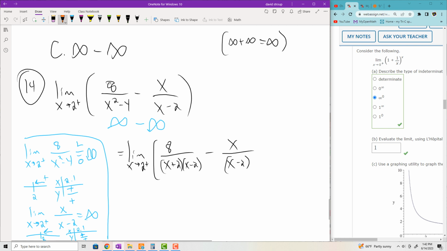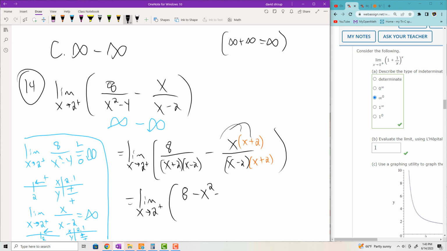So to find a common denominator, I can just multiply the second guy by x plus 2 and top and bottom. Okay, so you turn the 2 fractions into 1, and you have 8. I'm going to go ahead and distribute this negative x. So minus x squared minus 2x all over x plus 2, x minus 2.